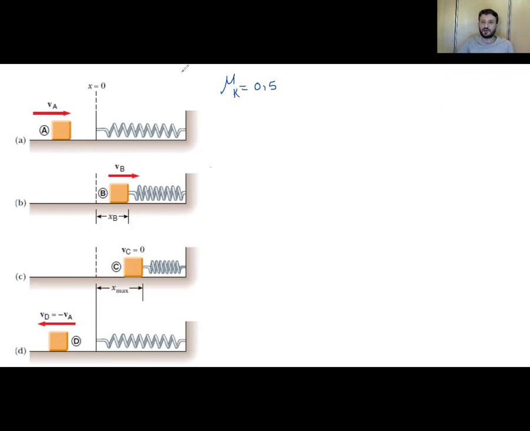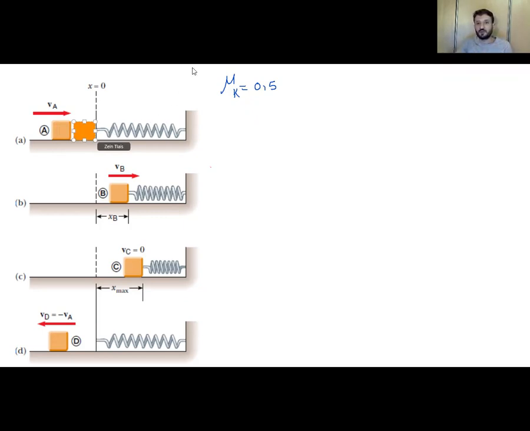In this case, when the object moves to the right, just at the moment of collision, VA equals 1.2 at this point, just before the collision, before the compression.